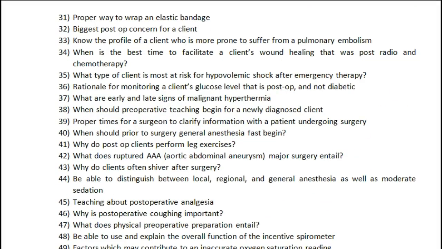Basically the biggest post-op concern for a client is making sure the client can ventilate, can breathe after surgery. So you want to make sure that a person can breathe.